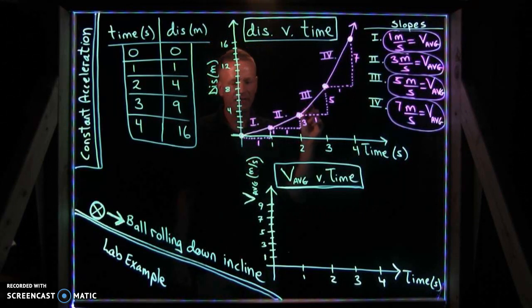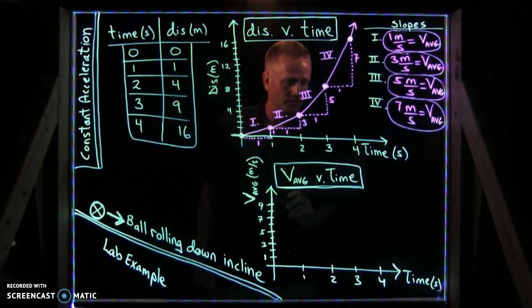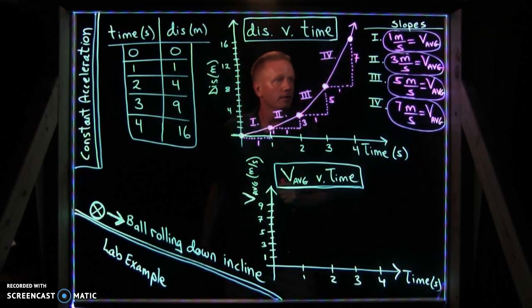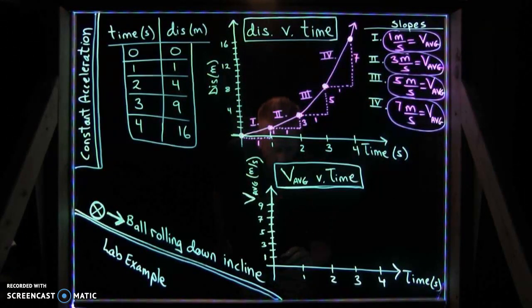So if we look at that graphically on an average velocity versus time graph, graphing your velocity on the y-axis and your time on the x-axis, then in the first second, your average velocity grew to 1 meter per second. In your second segment, it grew to 3.